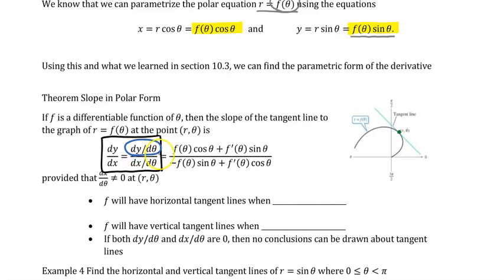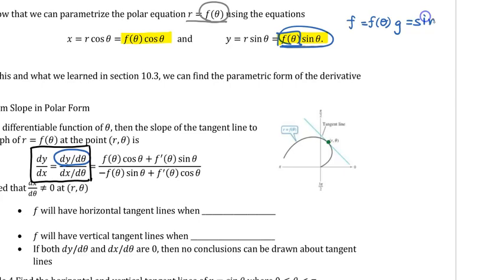So let's just look really quickly at how I'm getting this dy d theta. Here's y, f of theta sine theta. If I want to differentiate that with respect to theta, I would need to use the product rule, because f is f of theta, this first piece, and g is sine theta. So f prime would be whatever the derivative of f with respect to theta is, and g prime would be the derivative of sine, which is cosine.